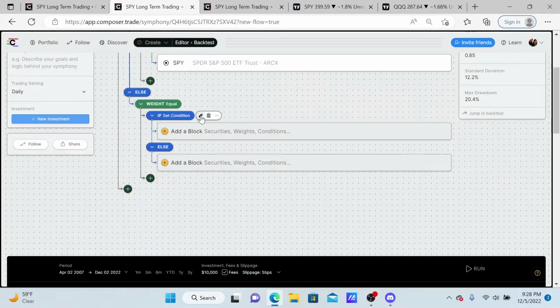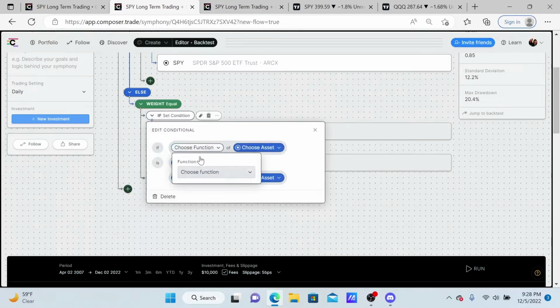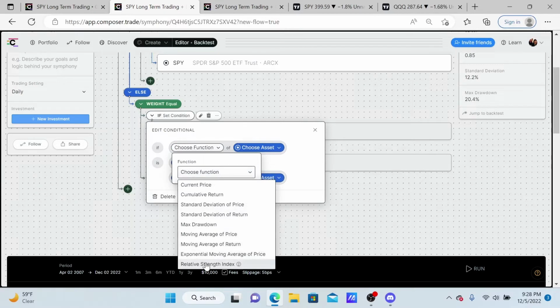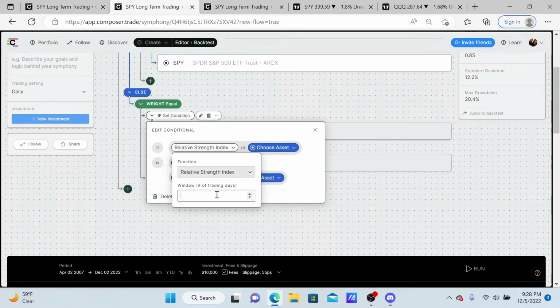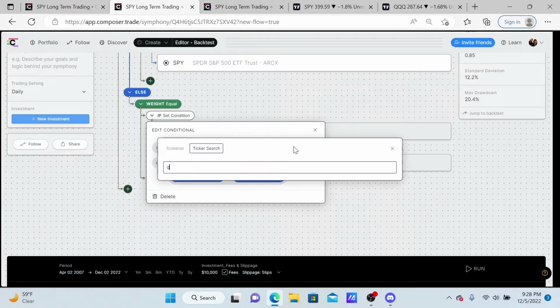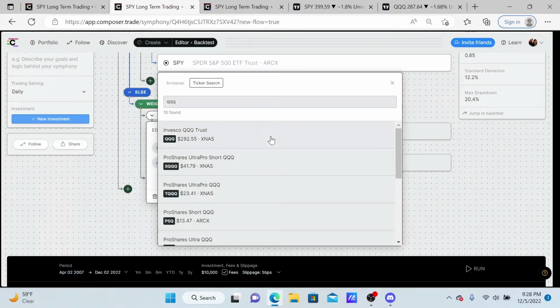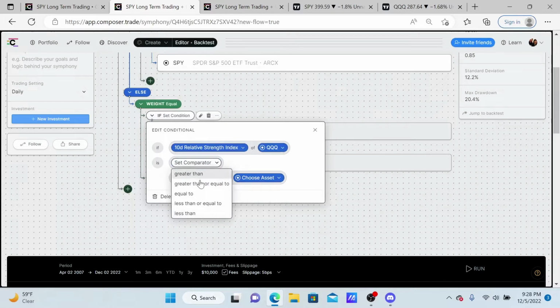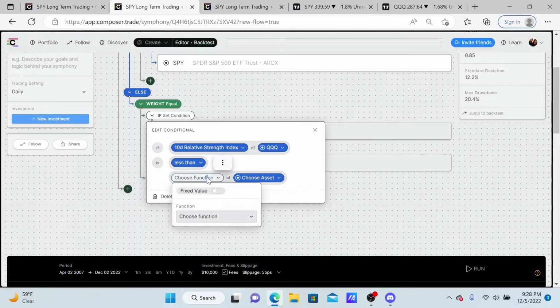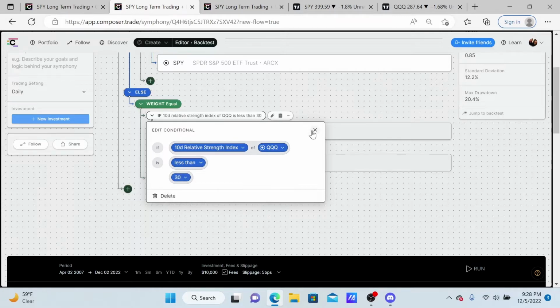It's an if-then statement. So here I'm going to choose RSI. Number of trading days is going to be 10. And then instead of SPY, I'm going to go to QQQ. And I'm going to choose less than, because I want to buy it when it's less than 30. So go here, fixed value, enter 30, and it's going to look like that.